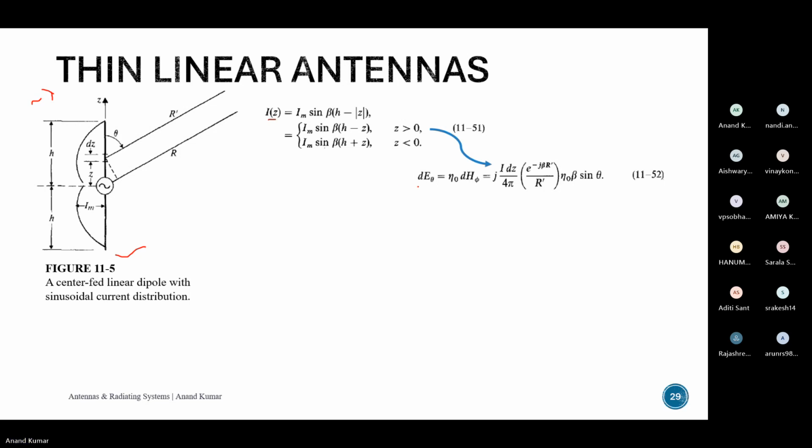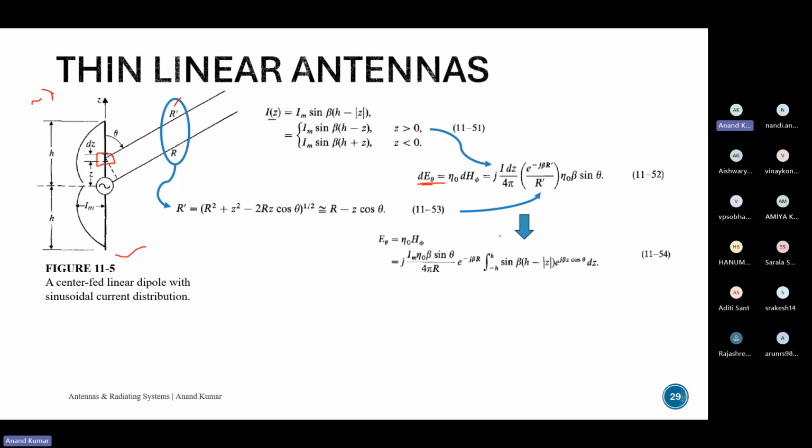We wrote down the electric field due to one of the elemental sections of the dipole, and then we wrote down the expression of r dash in terms of r, substituted that inside the differential electric field, and then integrated the entire thing to get the complete electric field.